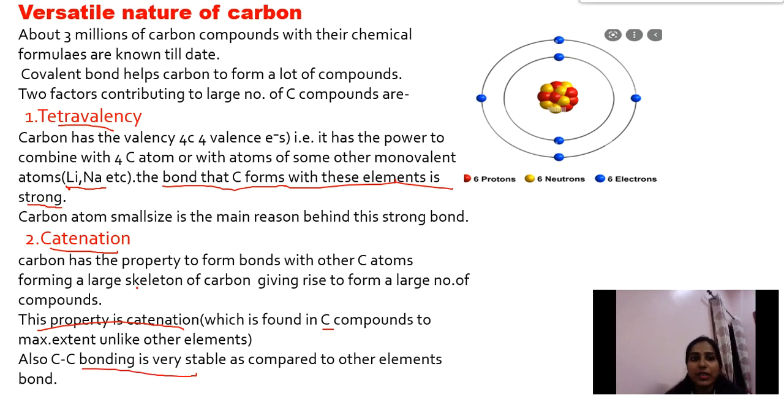Also, a carbon skeleton can be in the form of a long chain of carbon like this, or it can be in the form of a branched chain of carbon like this.